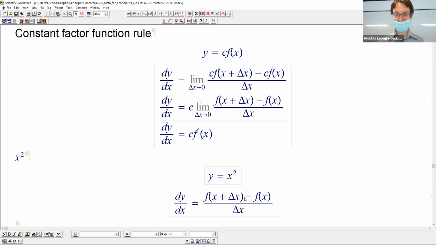Something like this, but now my function is that parenthesis squared, minus x squared, divided by delta x.